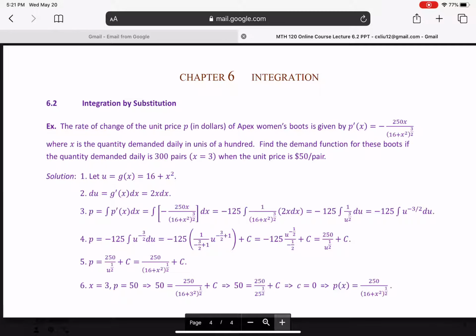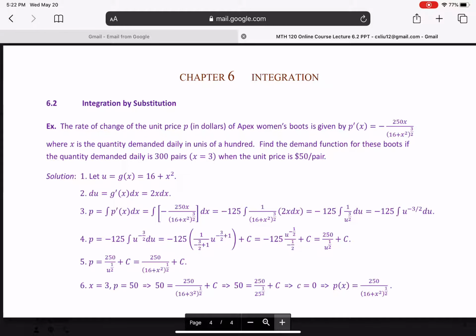If we decompose 250 into 125 and 2, and then regroup the terms inside the integrand, taking out the 125 and the negative sign, then we can rewrite the whole integral as negative 125 times the integral of 1 over u to the 3 halves du, since 16 plus x squared is just u, and 2x dx is du. Or negative 125 times the integral of u to the negative 3 halves du.